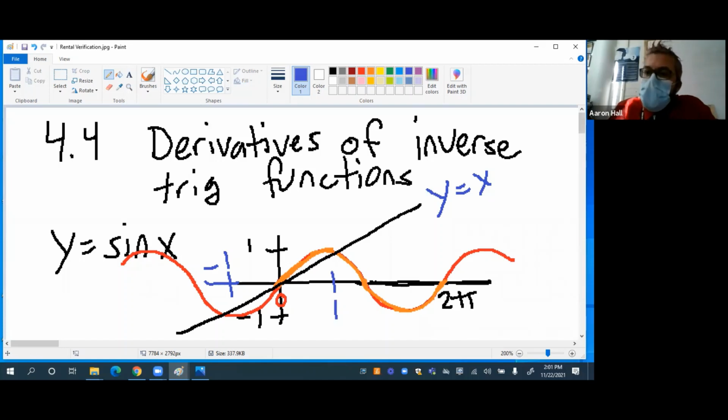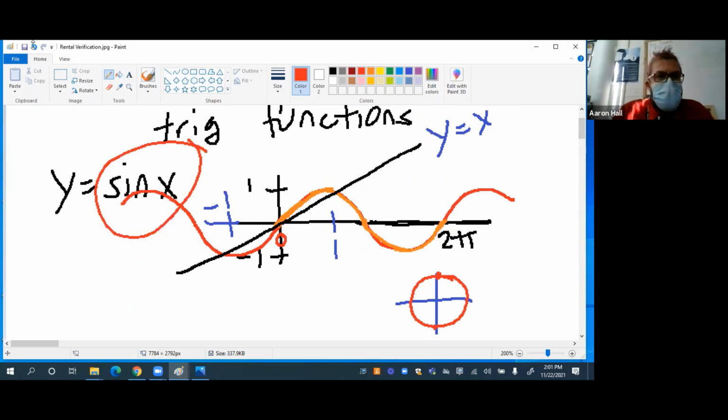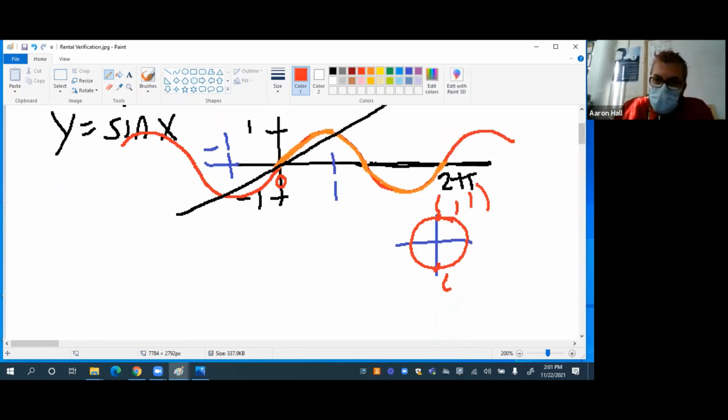Now let's consider our unit circle, and what happens when we go from -1 to 1 on the y value.